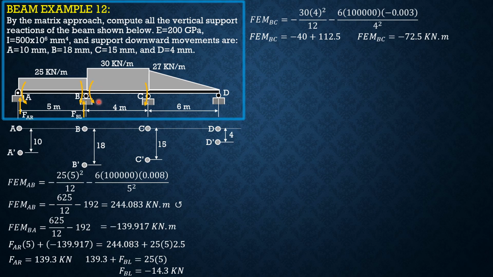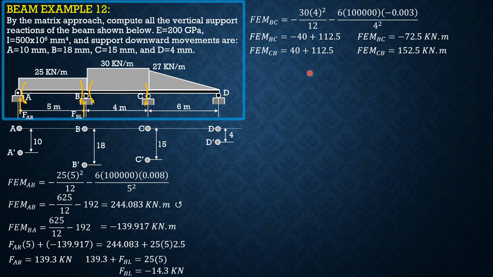We expect this to be in that direction, so we make it negative 72.5, and the direction is counterclockwise as shown. Then fixed moment CB is positive 40 plus 112.5, so the direction is correct and it is clockwise, 152.5 kilonewton meter.